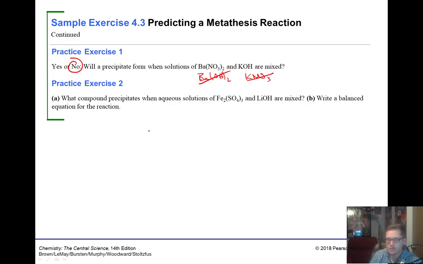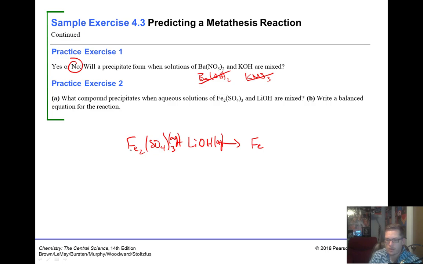Write a balanced equation. So let's go ahead and write the balanced equation first. We've got Fe2(SO4)3 plus lithium hydroxide. These are going to be aqueous, because it says they're aqueous solutions. Then we're going to do a metathesis reaction, or a double replacement. So it becomes iron hydroxide, Fe.